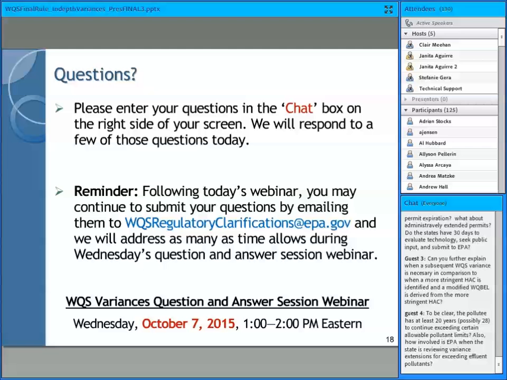So one thing to note is that when Gary was speaking about the interim use and criterion, he was introducing the sort of legal construct of water quality standards variances, where water quality standards variances are essentially establishing a time-limited use and criterion, which is why under the Act it makes the whole thing okay.